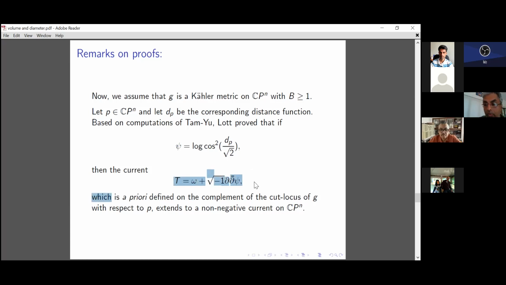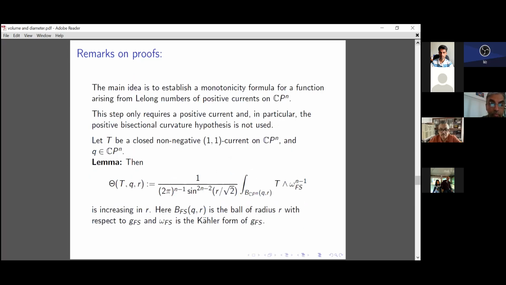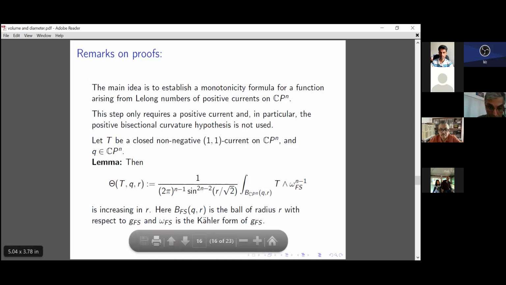And then, given this, we prove a general result about closed non-negative 1-1 currents on CPN.